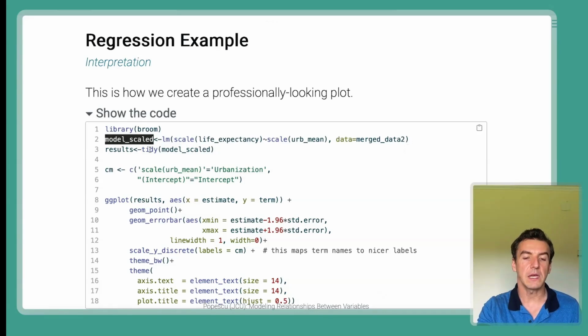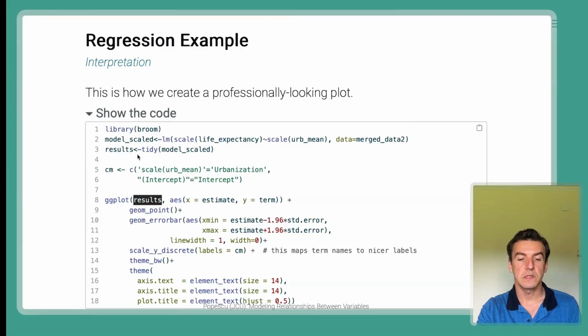I am saving the model. I'm using this function called tidy that comes from the Broom library, which allows me to save this model as a data frame. I am now changing the names of the variables into urbanization and intercept, as opposed to these variable names. And finally, I'm using ggplot.